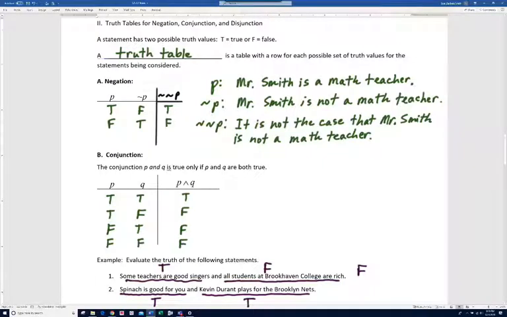Anyway, all to say, Kevin Durant is a famous basketball player that used to play for the Golden State Warriors, and I think it was last year he moved over to the Brooklyn Nets. All to say, we have two true statements here. So we do have both statements true, which makes this and statement true.